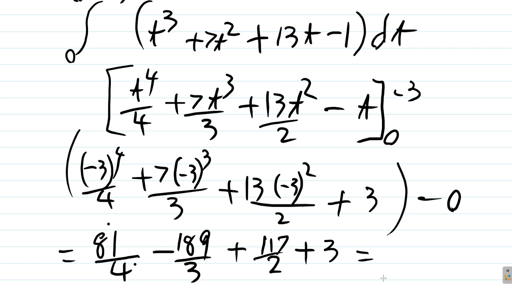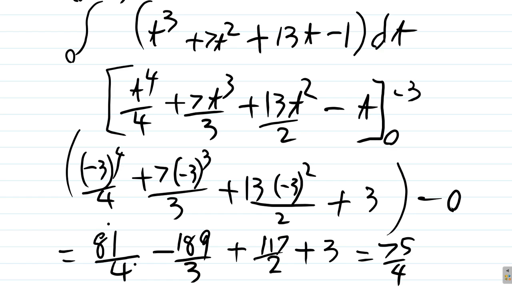So, let me just use my fractions calculator off the air. 81 over 4 minus 189 over 3 plus 117 over 2 plus 3, equals, we get 75 over 4. So that's what we get for this part.